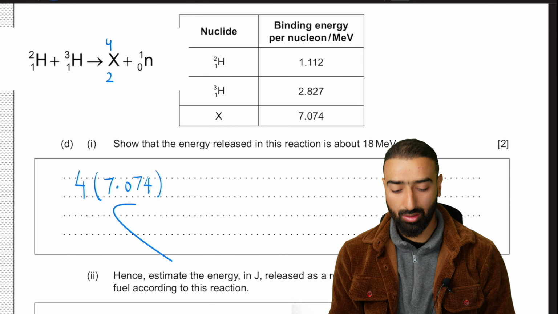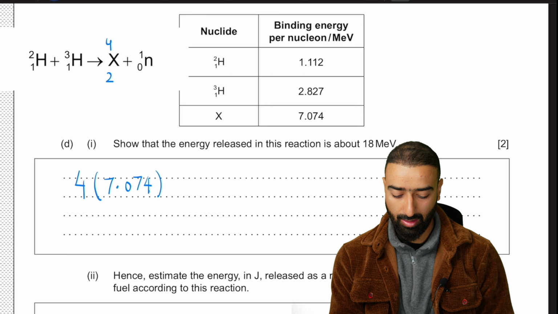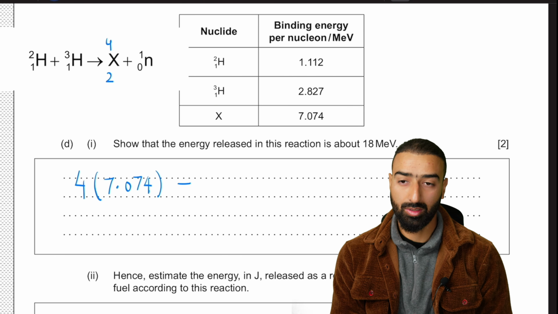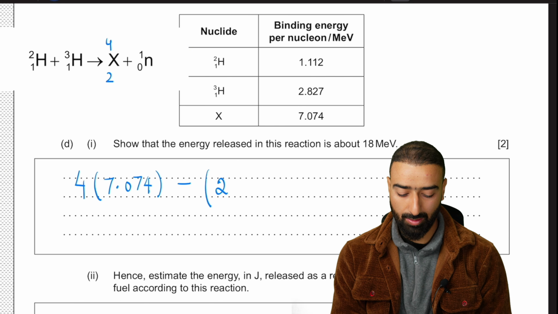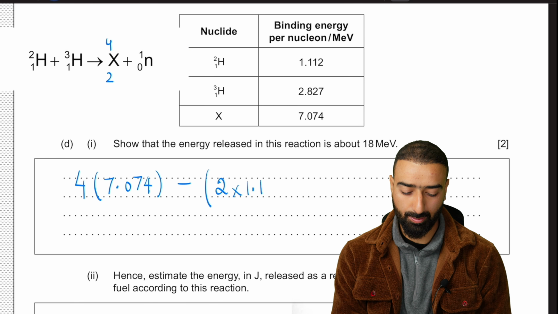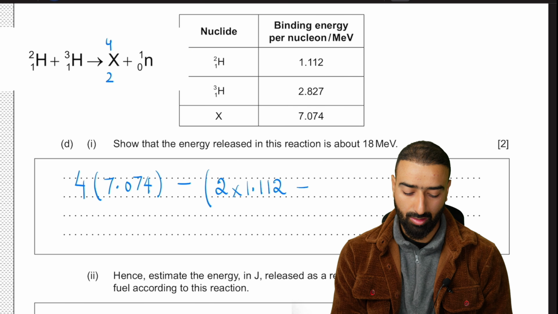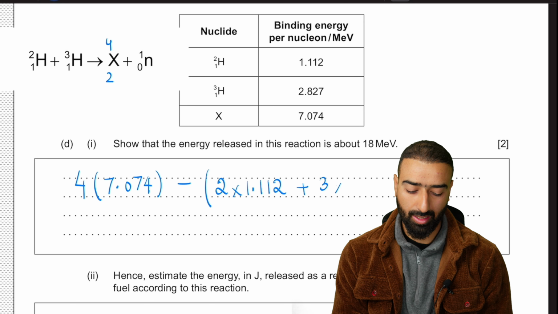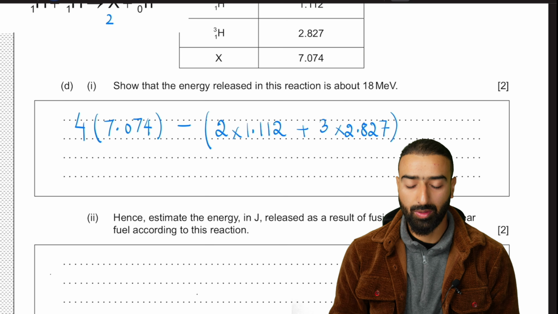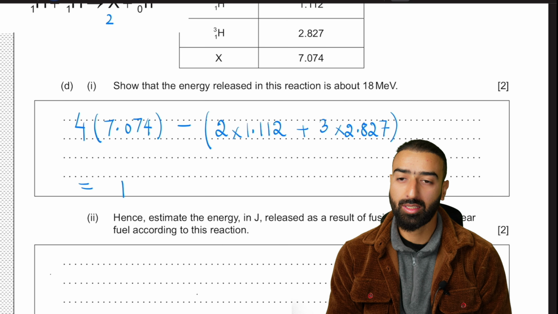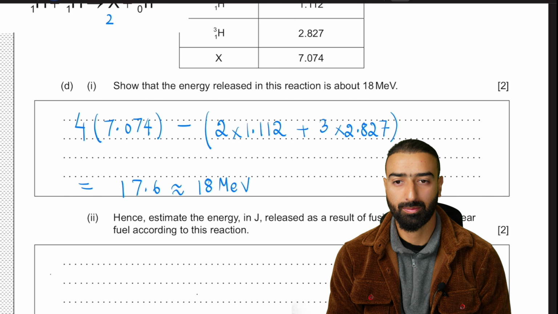So the net energy released therefore is minus 4 times 7.074 minus 2 times the binding energy of deuterium plus 3 times the binding energy of tritium. If we calculate this, we get a value of about 17.6, which is about 18 mega electron volts.